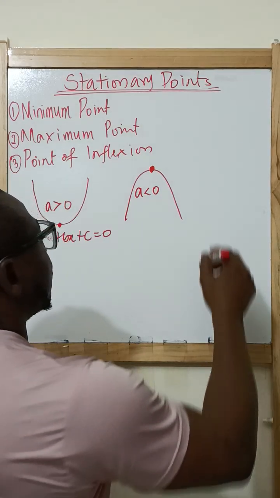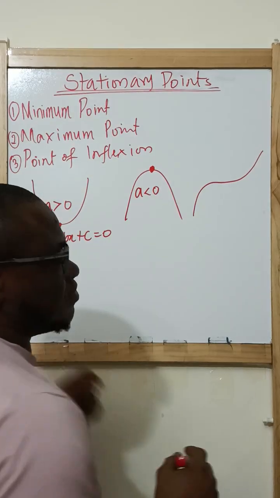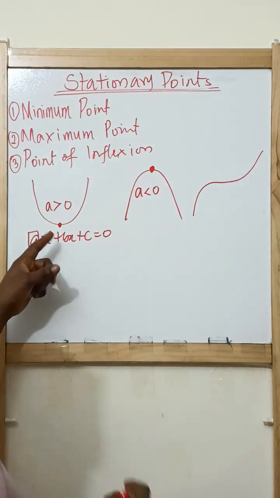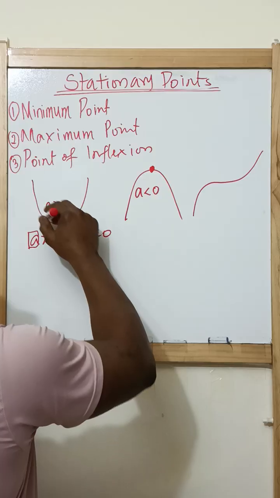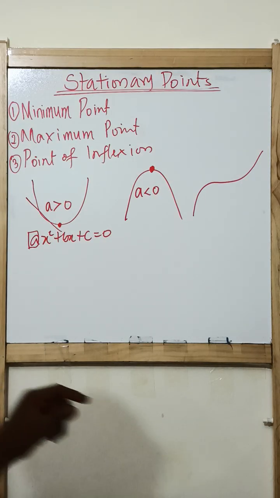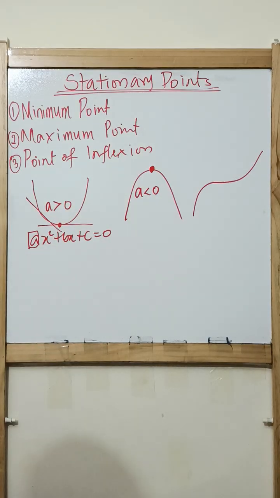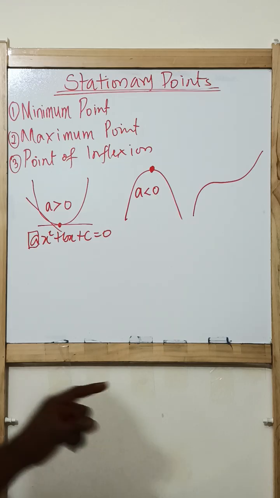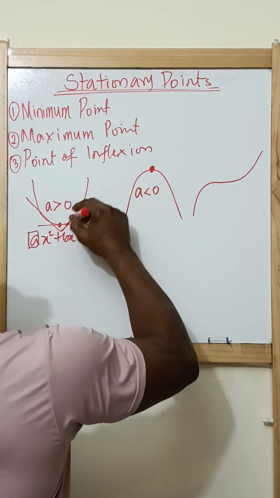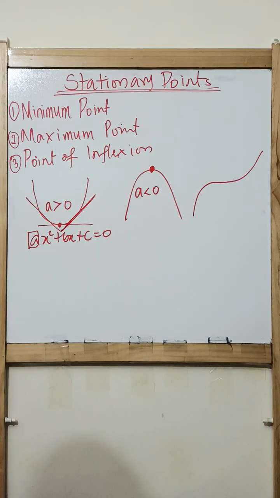For the point of inflection, it is like this. If you look at this one, you'll see that the slope here is negative, while here the slope is 0, as it is the slope of the tangent at that point. Then when you look at this place, you see that the slope is positive.